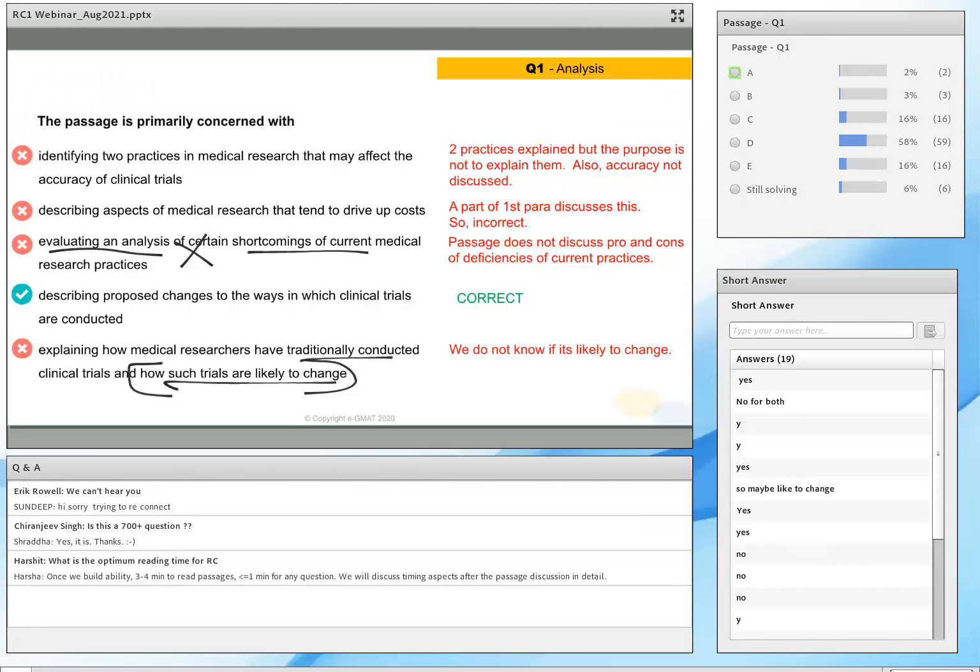Nowhere does it say that this FNM suggestion will become a reality very soon. So on that point, choice E is absolutely wrong. Why did you land up in choice E? Because you assumed that this is going to happen. No. So be very, very focused on what you read and make sure that you interpret that correctly.